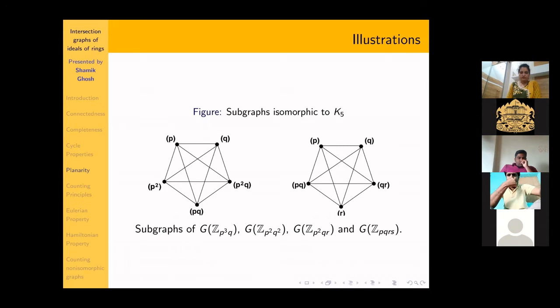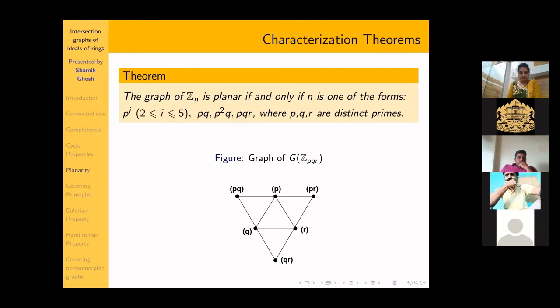That is a complete graph of 5 vertices, and we know that is a non-planar part of the graph, and so the whole graph is non-planar. And for pqrs, if you consider the graph generated by p, qr, pq and qr, then they form a K5 induced subgraph, and so the graphs are non-planar. So any graph which is a multiple of them is non-planar.